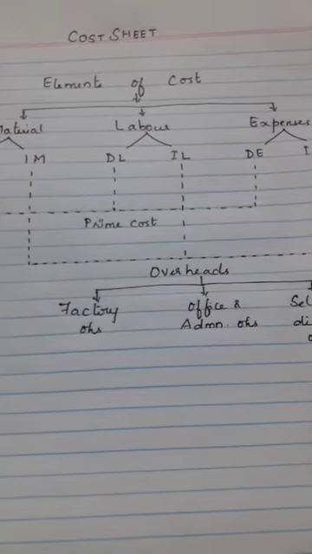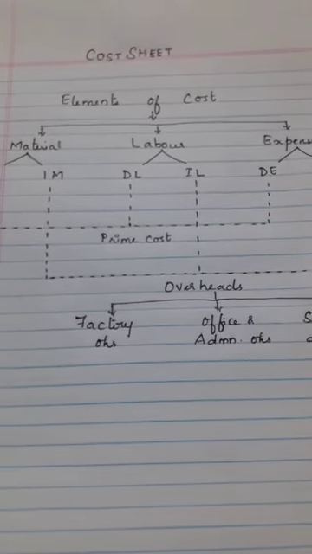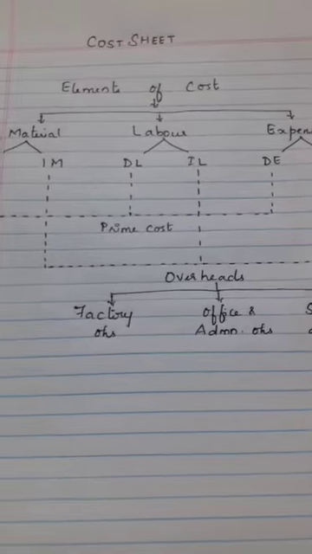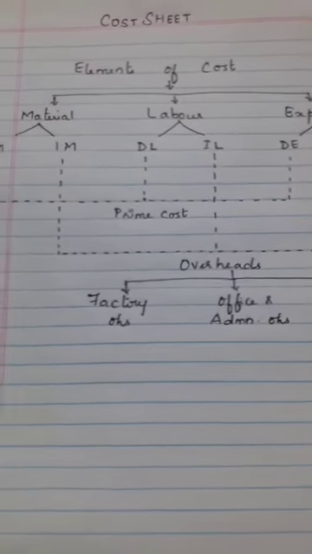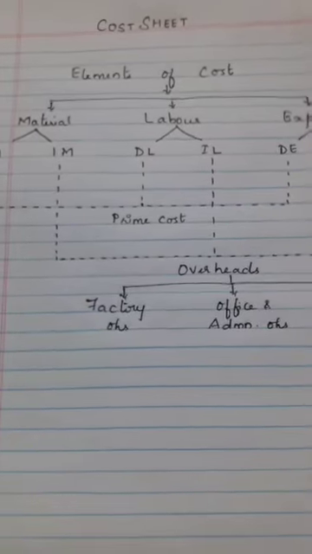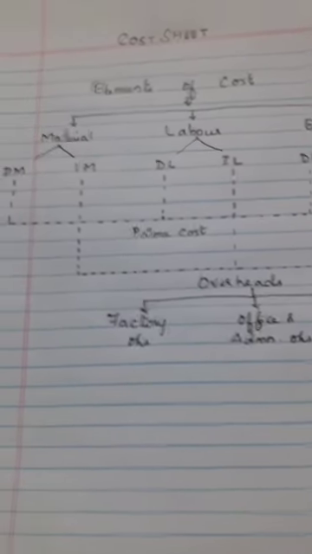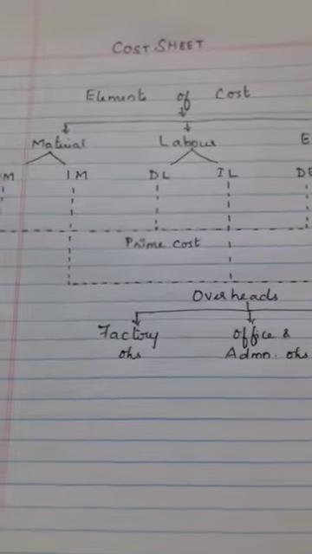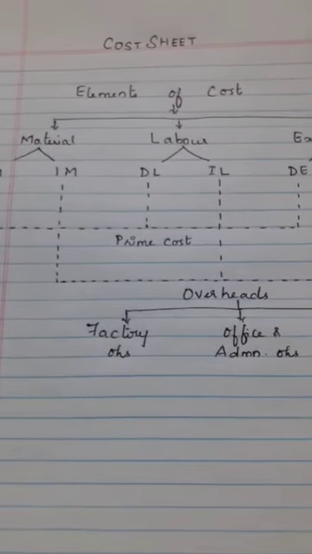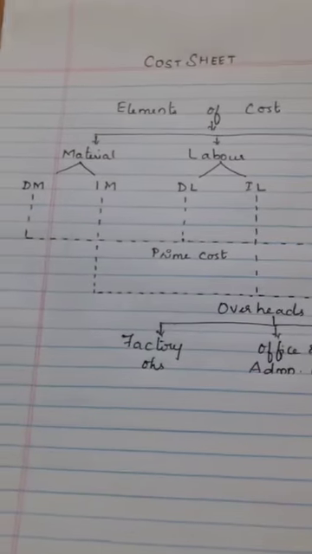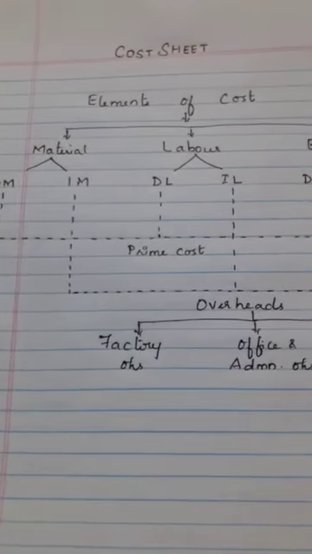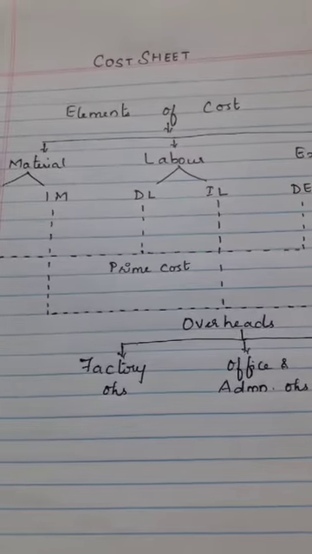Material cost occupies a very important position, and a major part of the cost is covered by the material cost, because material cost is nothing but the cost involved for purchase of raw material, which is vital for production. Next comes your labor cost.